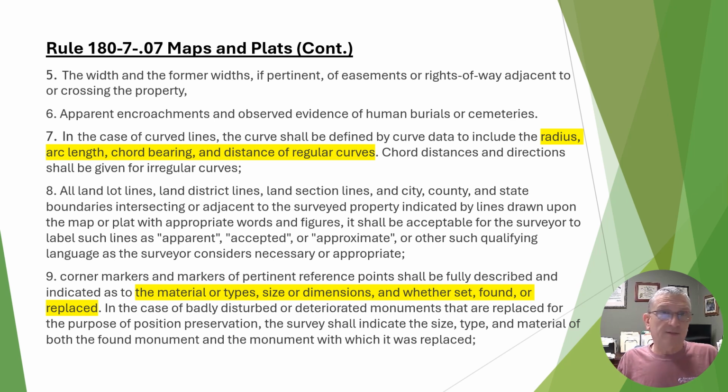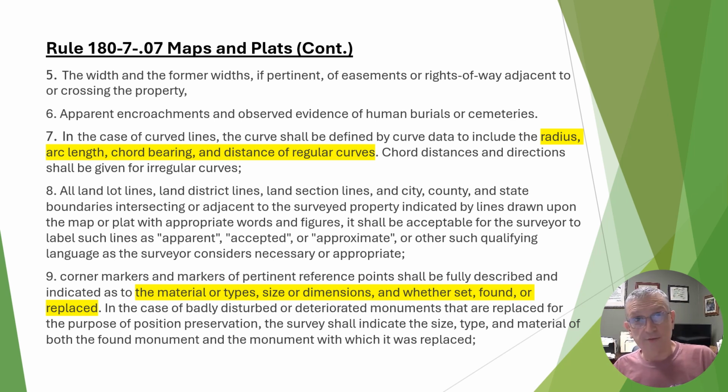You can do that through various symbols and a legend. For example, on some of my plats, I just say IPS, but it's a solid circle. If you look over at my legend, a solid circle is an IPS 5/8 inch capped rebar. So I'm providing the type, size, and material, and that it was set.